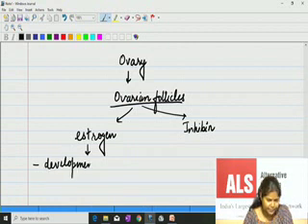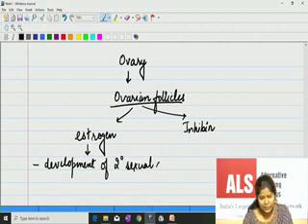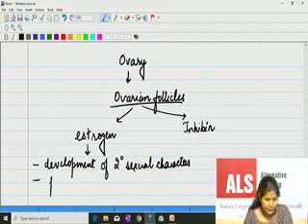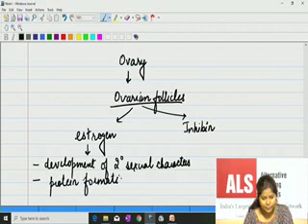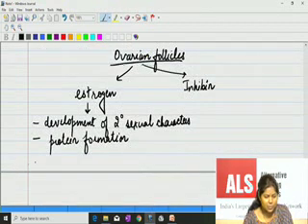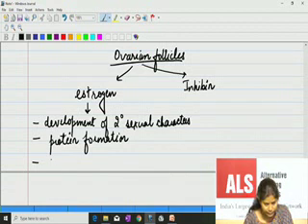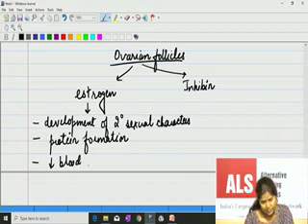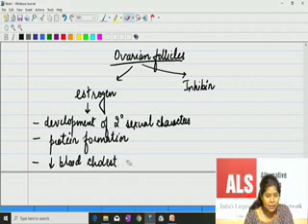Development of secondary sexual characters, protein formation, similar to testosterone. Testosterone also has a role in protein formation. Decreases blood cholesterol.